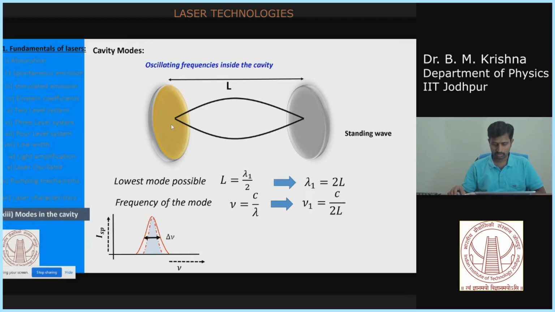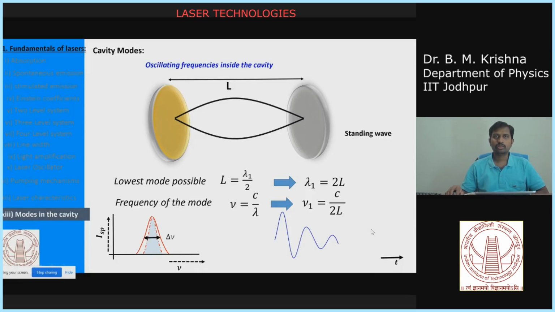When you have a loss, your amplitude decreases exponentially with the number of round trips. This photon makes a number of round trips, that means it oscillates back and forth between the mirrors, and over time its amplitude decreases. This is in the time domain.